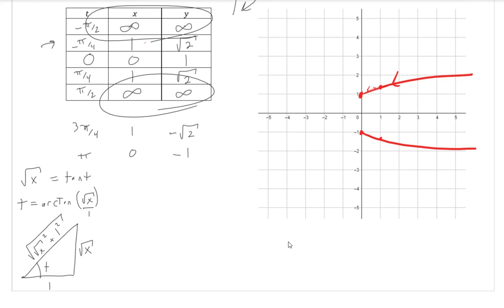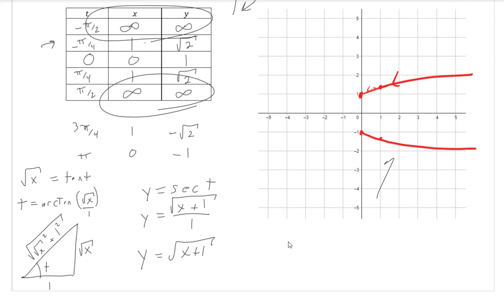What I then want to find is y equals secant of t. Secant of t is hypotenuse over adjacent, so that's going to be square root of x plus 1 over 1, or just y equals square root of x plus 1.